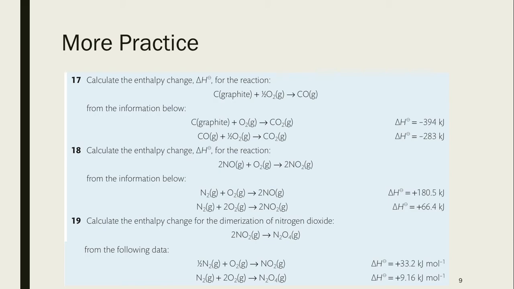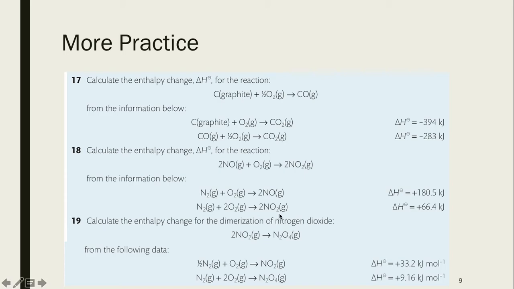Automatically, I can see that we have an NO on the reactant side, but in our equations, we don't have any NOs on the left. Here it is on the right. So we're going to have to flip that first equation.